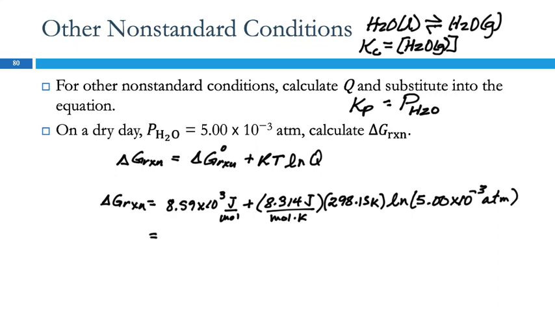So now we're getting negative 4,544 joules per mole, or negative 4.54 kilojoules per mole. Is it spontaneous now? Yes, it is.